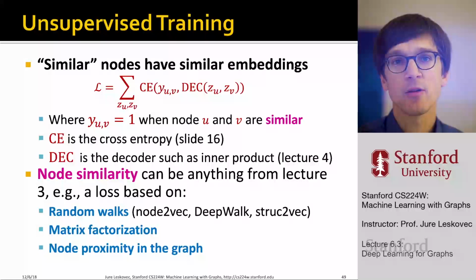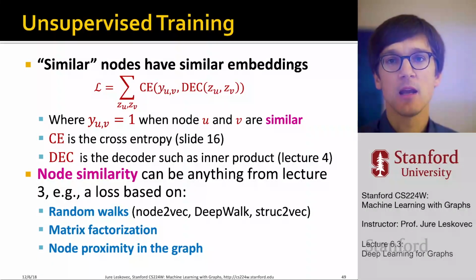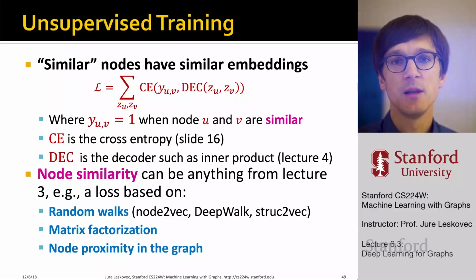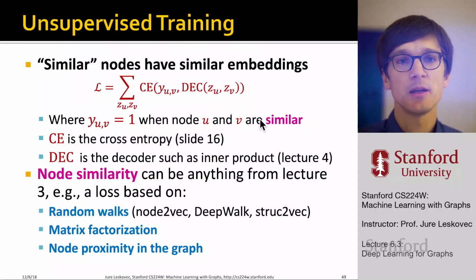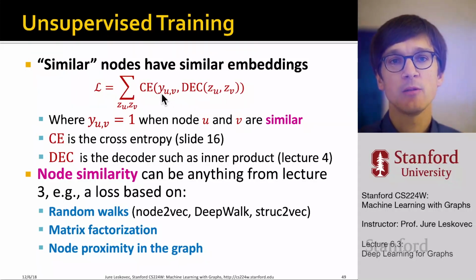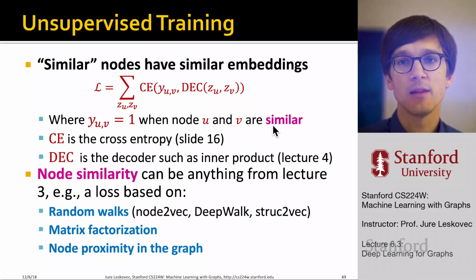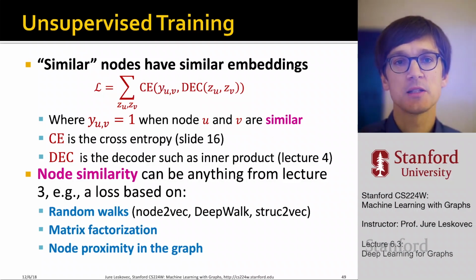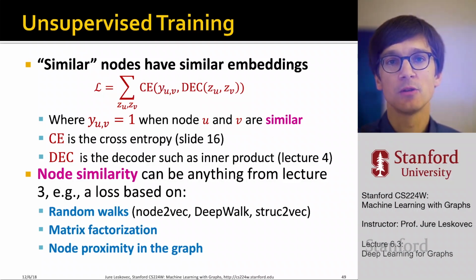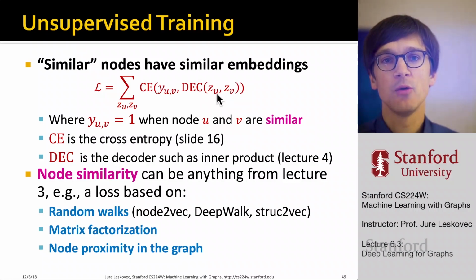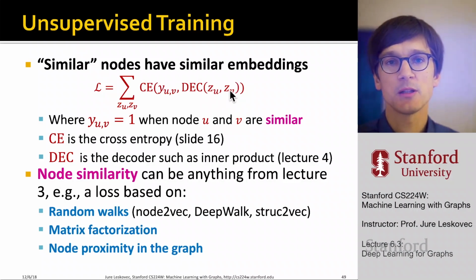To explain how I could do unsupervised training a bit more, the idea would be that similar nodes have similar embeddings. Let y uv have value 1 if nodes u and v are deemed similar, for example, if they co-occur in the same random walk as defined in node2vec. The decoder of the 2 embeddings is a simple dot product: the embedding of one times the embedding of the other.